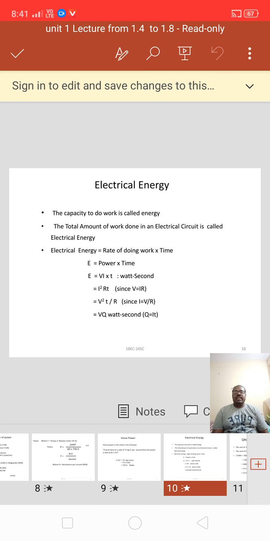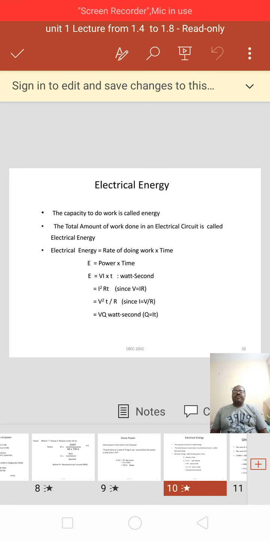We can deduce some relationship between power and time also, that is E equals V I into T. Its unit is watt second, because the unit of power is watt and the unit of time is second. Therefore, E equals VI into T watt second.